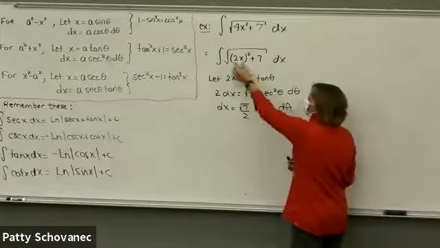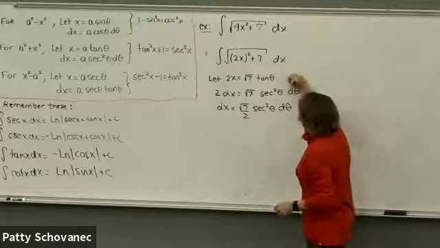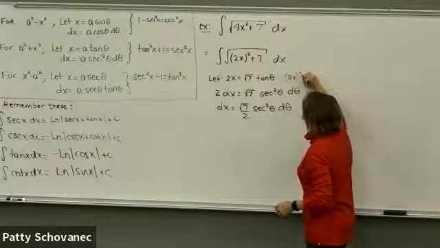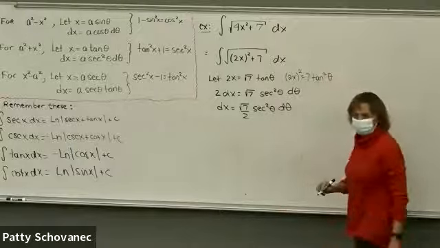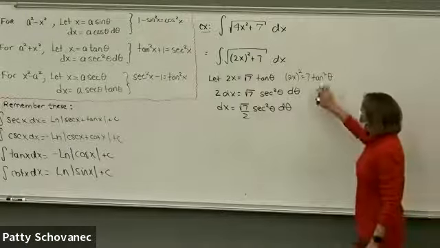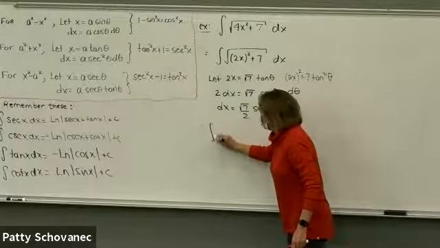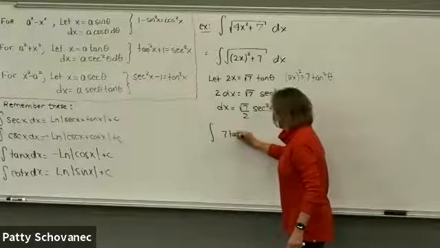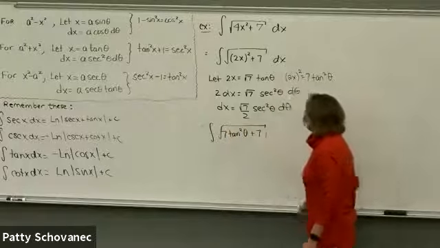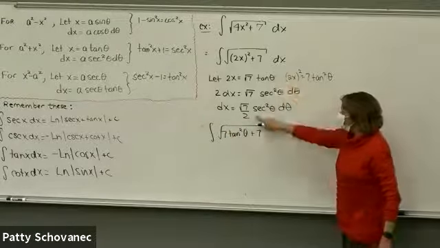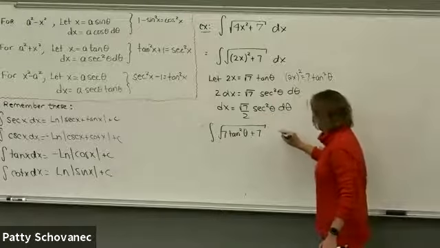So now in for the 2x, I'm going to put this. 2x all squared will give me a 7 tan squared theta. So I'm going to put 7 tan squared theta plus 7 under the radical sign. Then the dx becomes the square root of 7 over 2 times secant squared theta d theta.